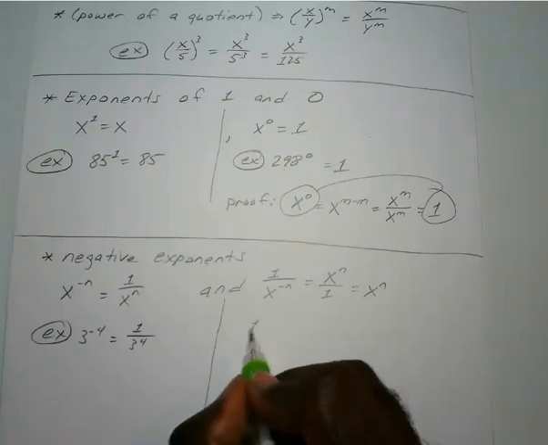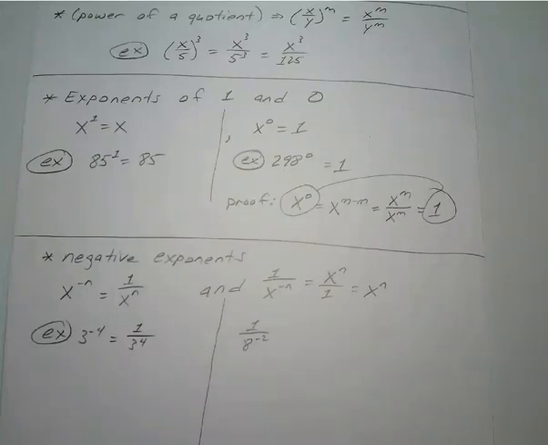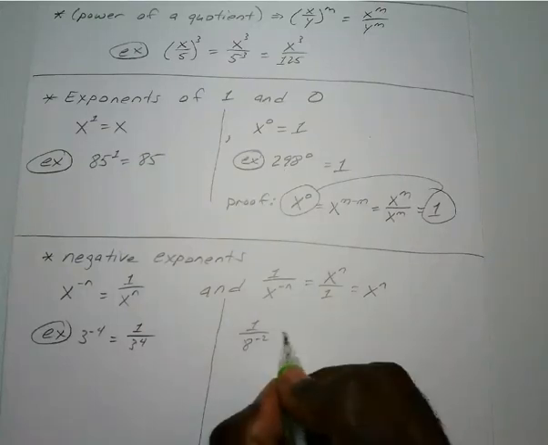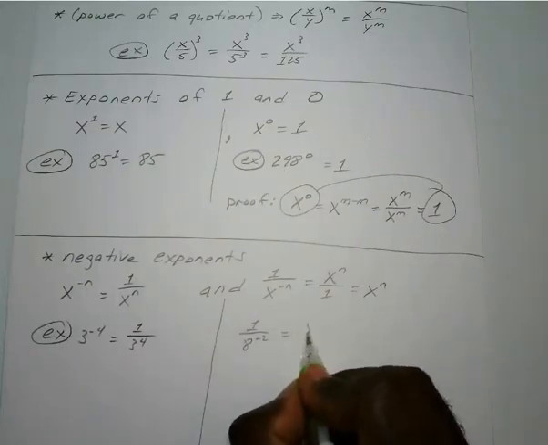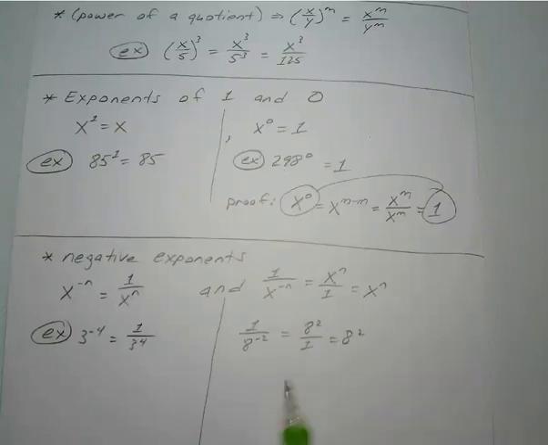And let's say if you have 1 over 8 to the negative 2 power, then that would just become 8 squared over 1, or just 8 squared. You really don't have to put it over 1 if you don't want to. You could just make that 8 to the negative 2, make it 8 squared.